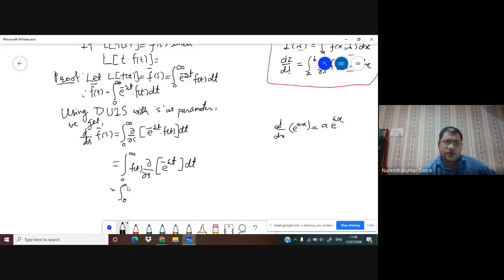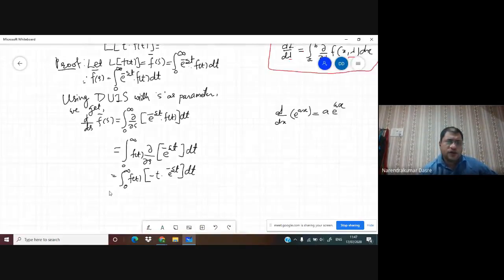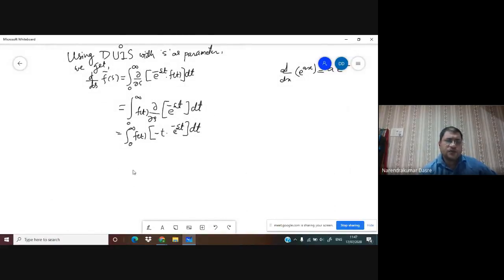So we get here integral 0 to infinity f of t, and the derivative gives me minus t e raised to minus st dt. Okay, so this way we are able to get the derivative.